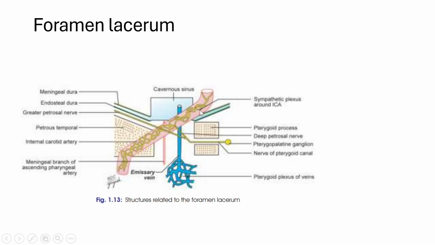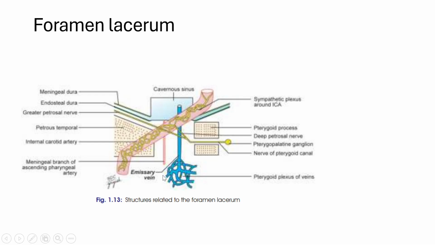Now one more thing which you will see in the anterior part, which is also not passing through and through but traversing, is the deep petrosal nerve joining the greater petrosal nerve, forming the Vidian nerve, which is passing in the anterior part of this foramen lacerum. This is the nerve to the pterygoid canal, or Vidian's nerve, connecting to the pterygopalatine ganglion.